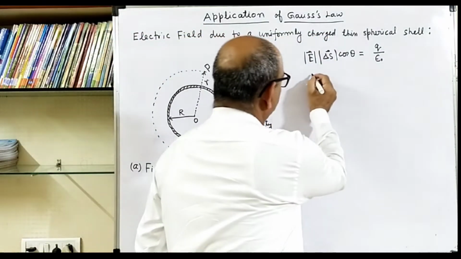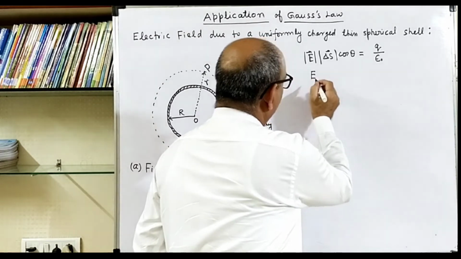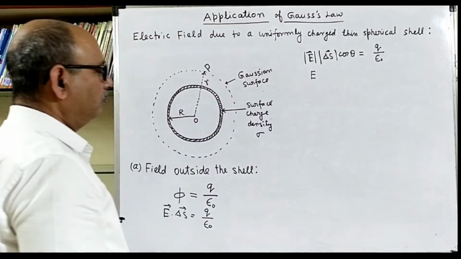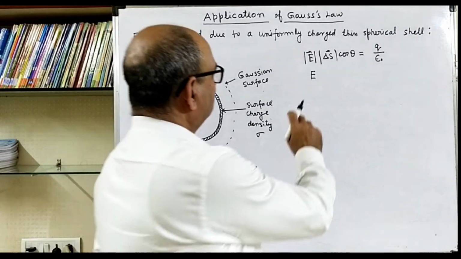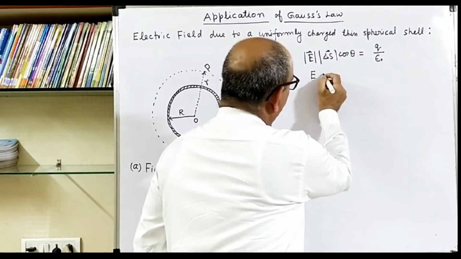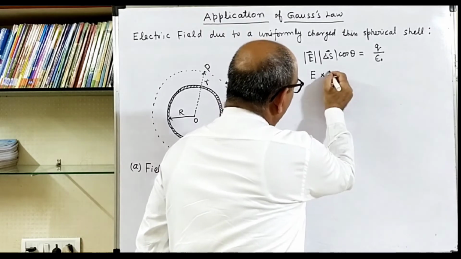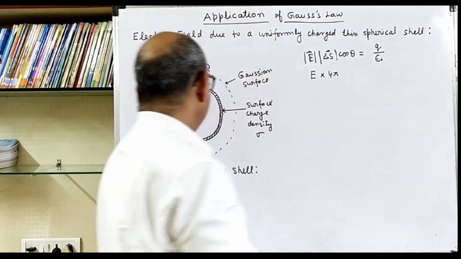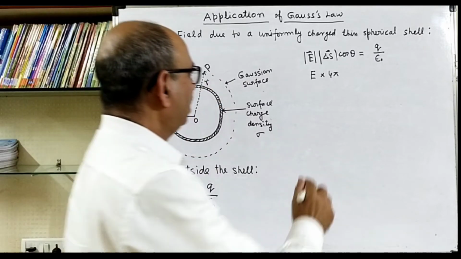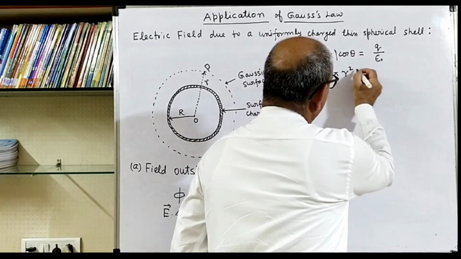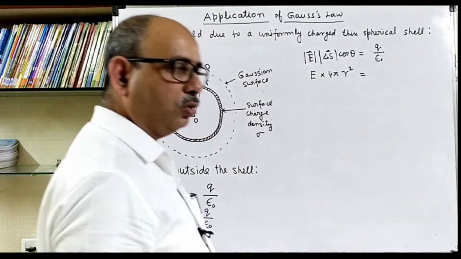Magnitude of E is E. If we consider the total surface area of the Gaussian surface, it will be equal to 4 pi r square, where r is the small r, which is equal to Q.